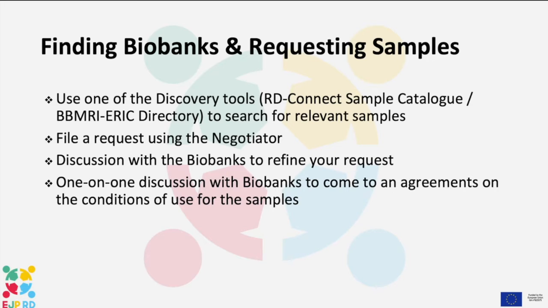Once you have identified useful collections, you can file a request using the negotiator, and in the negotiator have the discussion with the biobanks to refine your request. These discovery tools don't list all the details of a sample, so there are always things that you would have to ask later on.